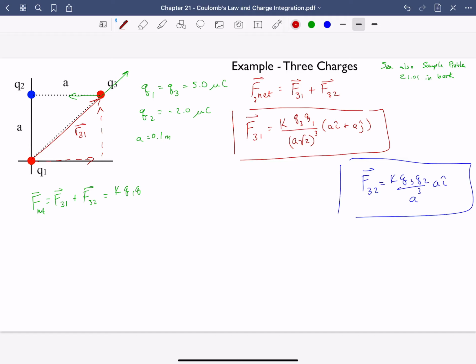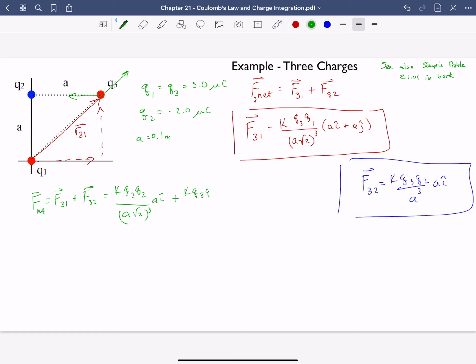Q3, Q2, and then all over A squared root of 2 cubed, A I hat. And then I think I'm just going to write all this out.